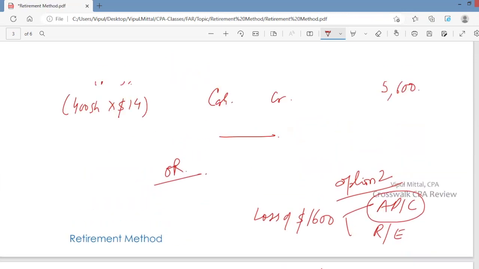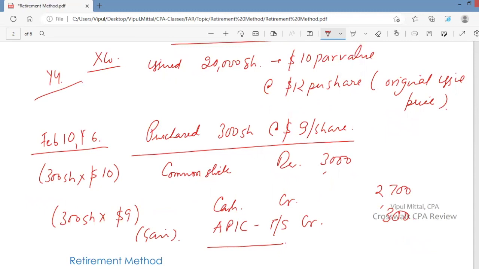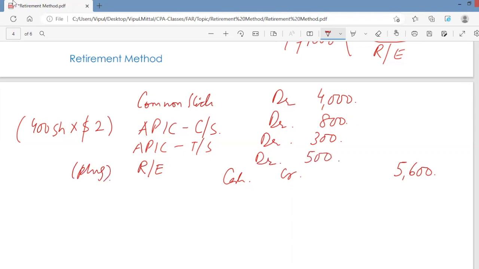So here, $300 is the amount of additional paid-in capital arising from earlier retirements. So you can use this $300 also. All right. And the remaining loss is transferred to retained earnings. This is plug figure, and this is 500.